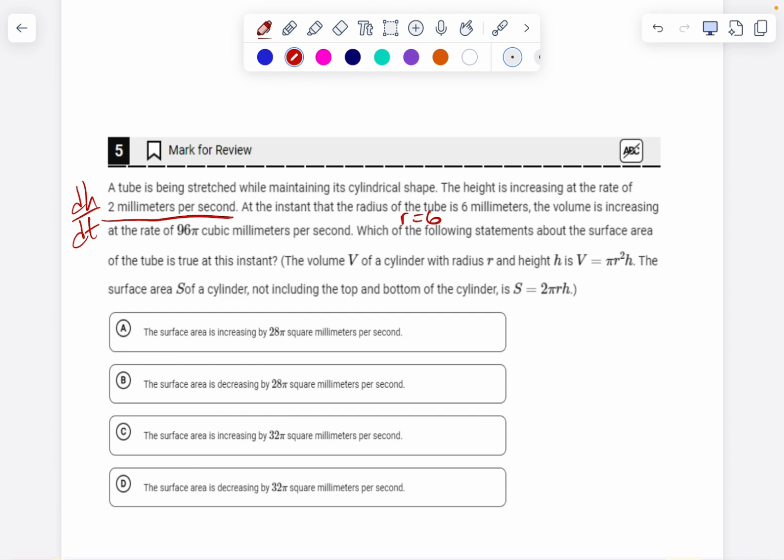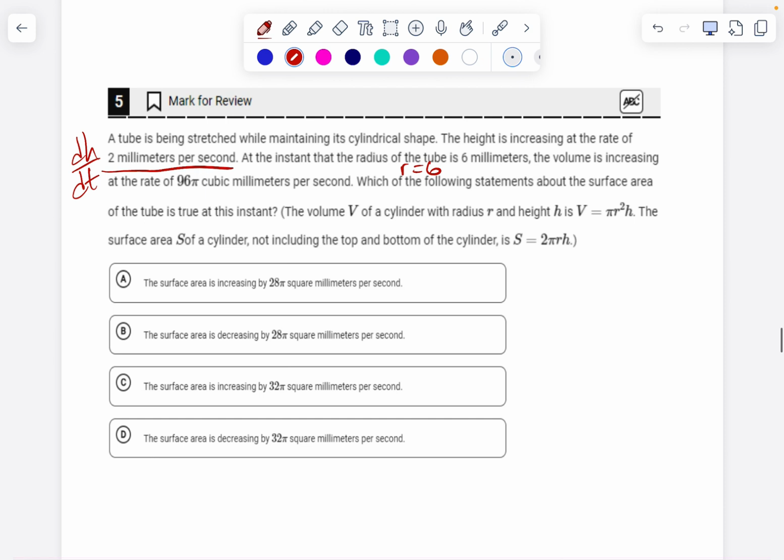The volume is increasing. Oh, that sounds like it's changing, right? So what is the 96 pi? That's dV/dt. Okay, so we're starting to see pieces that are going to be in our equation down the road. Which of the following statements about the surface area of the tube is true at this instant?